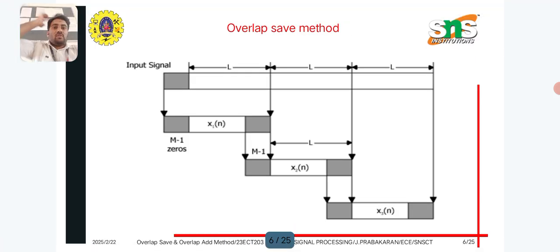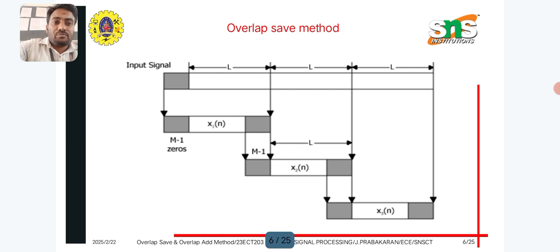When input signals are long and convolution needs to be performed efficiently, the lengthy signal is divided into smaller sections, and each section is convolved separately. The results of convolution are added in overlapping regions.